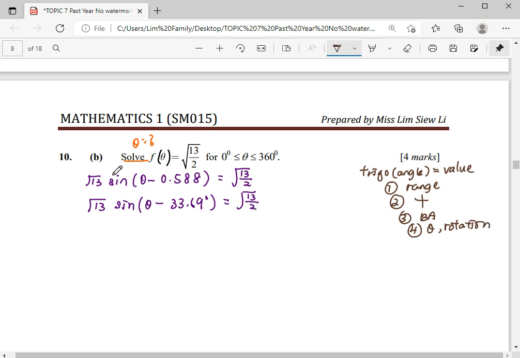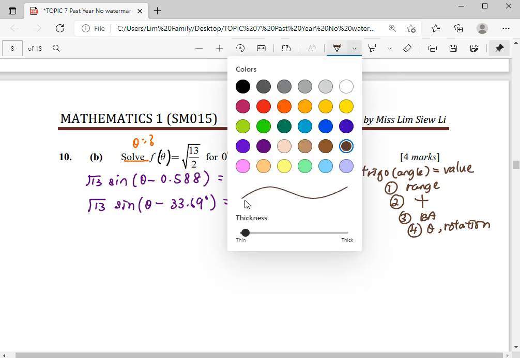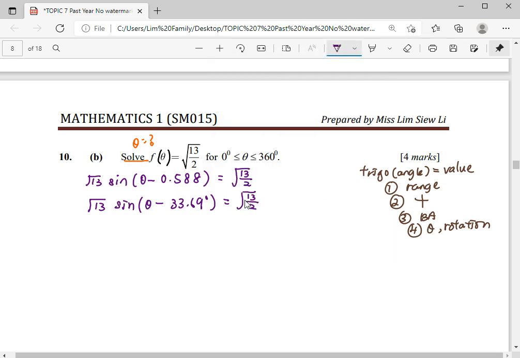So for this question, you can see our equation here is not yet ready for us to solve because we have to get the trigo angle value, but this value is disturbing here, so we move it to the right hand side. When we move it to the right hand side, we get the format that we want, the format that can be solved. This is trigo is sine, angle is this.